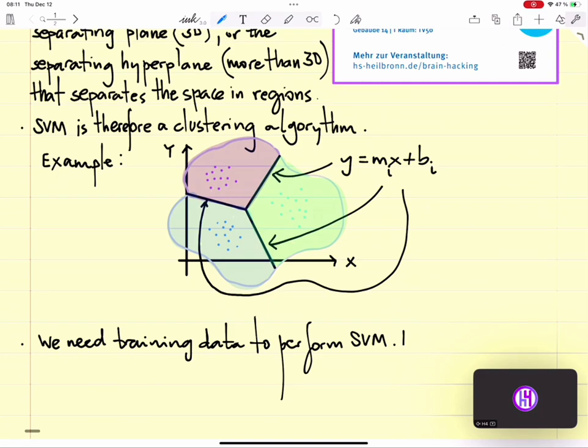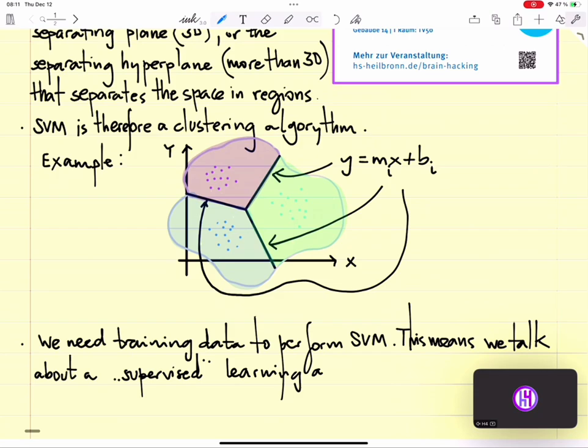This means we talk about a supervised learning algorithm. It's a supervised algorithm.